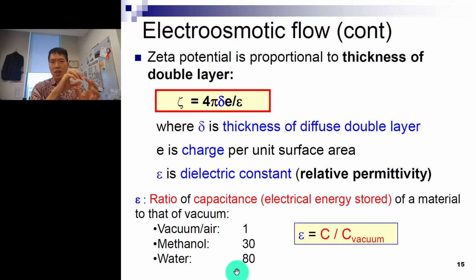Think of the H-O-H, the delta plus and delta minus, because the difference in electronegativity between hydrogen and oxygen allows them to hold different charges on the atoms, compared to methanol, where there is some CH3, carbon, hydrogen, and the bonds are not so polarized. So for epsilon, you can also consider another equation, which is C over C vacuum. It's just a ratio of the capacitance relative to the vacuum and air.